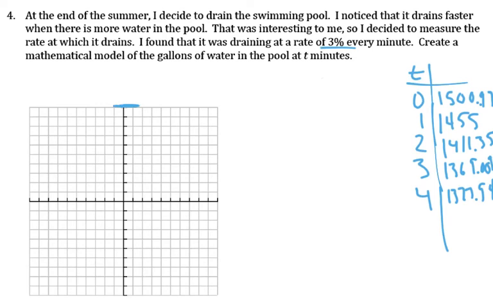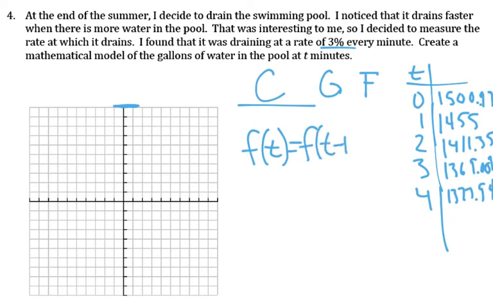Now, is it continuously draining? Yeah. Okay, just like we fill it up continuously, it drains continuously. We're not taking a bucket and emptying it out. So it's a continuous geometric function. If I made an equation, it would be f of t equals f of t minus 1 times 0.97, and f of 0 would equal 1,500.